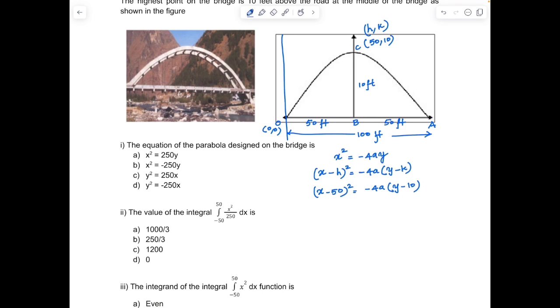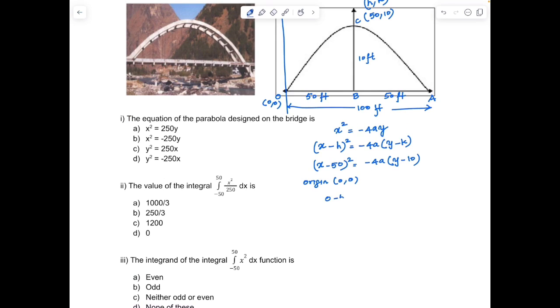To find a, let's take the origin (0, 0): (0 minus 50) the whole square is equal to minus 4a times (0 minus 10), which is 2500 is equal to minus 4a times minus 10. 4a is equal to 2500 by 10. 4a is equal to 250.